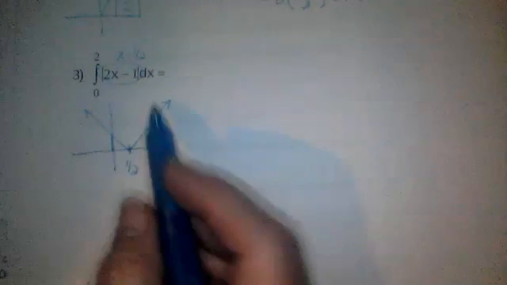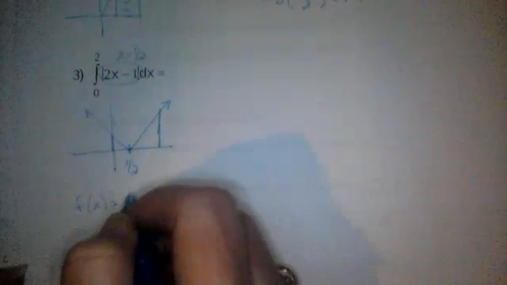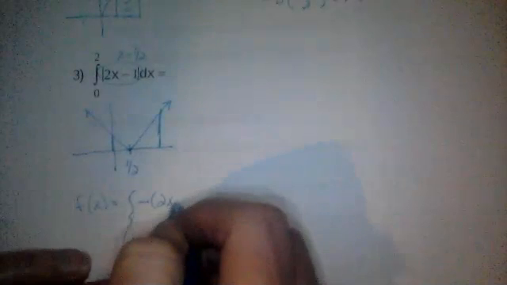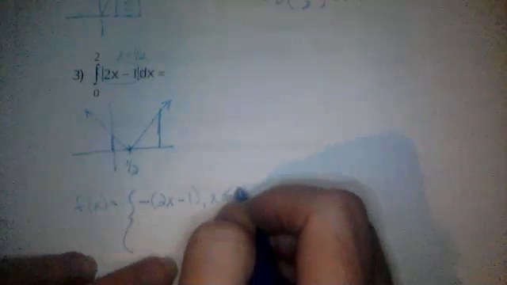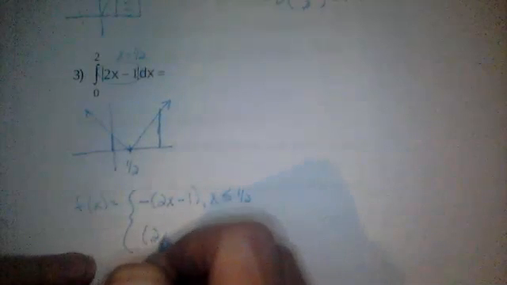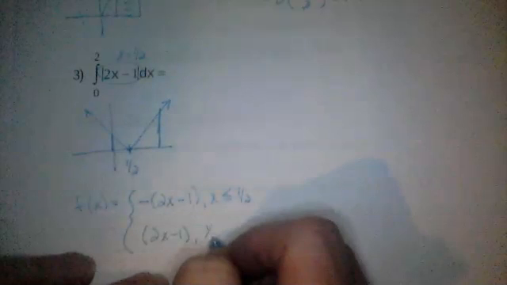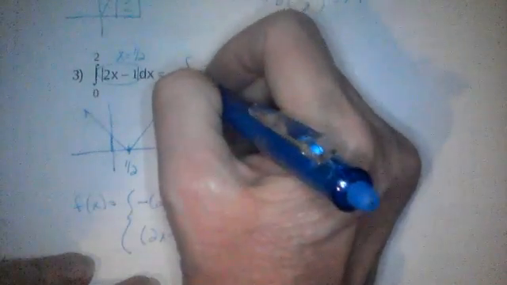So remember, we always break these absolute values up. So this one is going to be negative of 2x minus 1 for all of the x's on the left, and it's going to be positive 2x minus 1 for all the x's to the right of 1/2. So whenever I write this integral, I'm going to have to separate it out at 1/2.